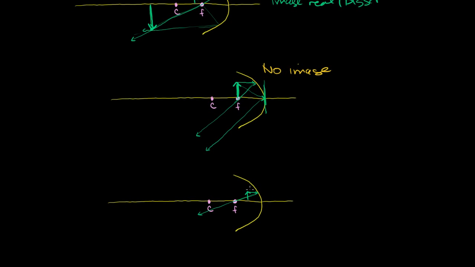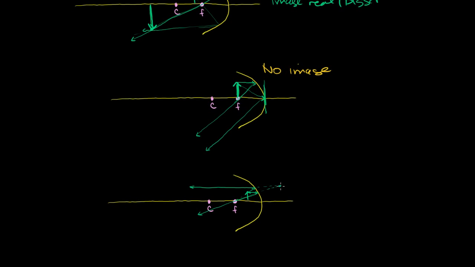And then you can imagine a ray of light that would have been coming from the focal point, or would have been coming in from the same direction as the focal point, would be reflected in a parallel direction to the principal axis. Now, these two light rays are not converging, but they look like they're diverging from some point behind the mirror.